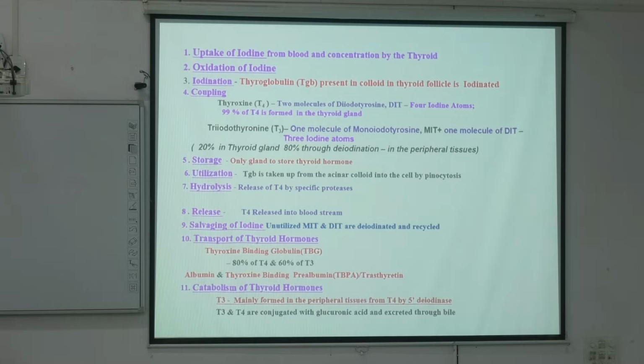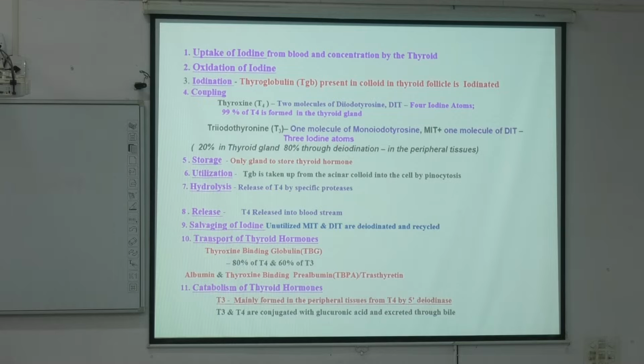Iodine is present as iodide, it needs to be oxidized to elemental iodine, and then iodination of the thyroglobulin present in the thyroid follicle, and then there will be formation of monoiodotyrosine and diiodotyrosine, and then the coupling reaction, then that will be stored in the thyroid, and then it will be utilized, and later it will be released into the circulation.